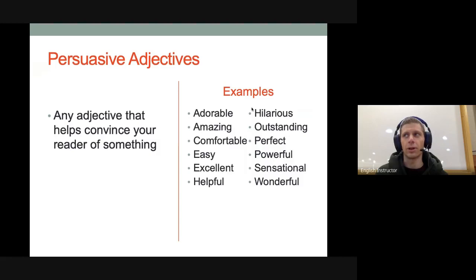So you want to help the reader understand it's not just good, but it's the most good it can possibly be. It's gooder than good. It's the goodest. But of course, we can't use gooder and goodest. Those aren't real words. So we say things like excellent, outstanding, fantastic, right? Something is perfect. Okay. It couldn't be better.